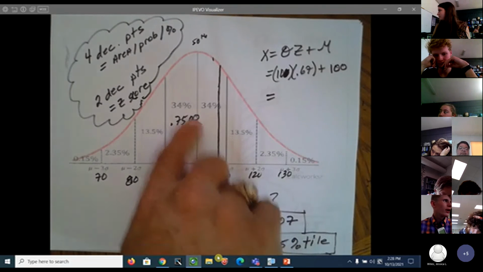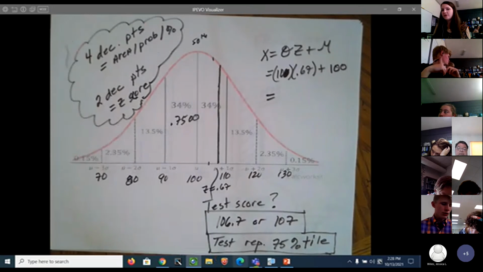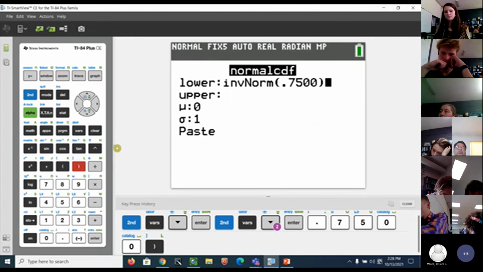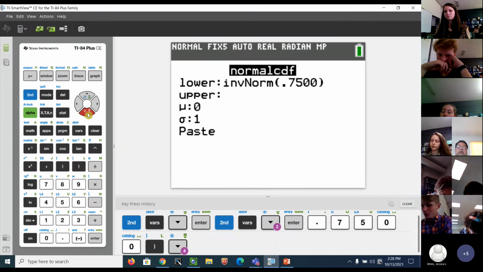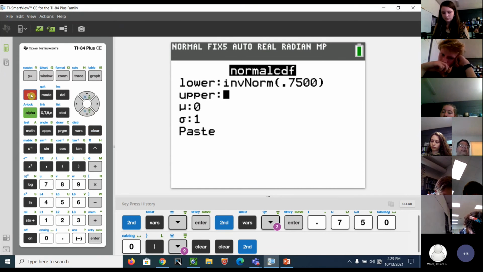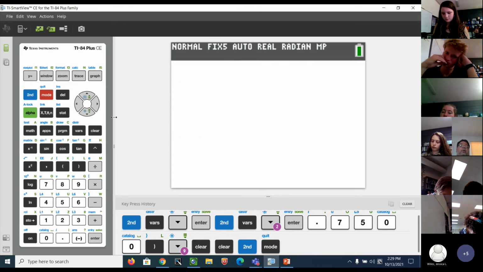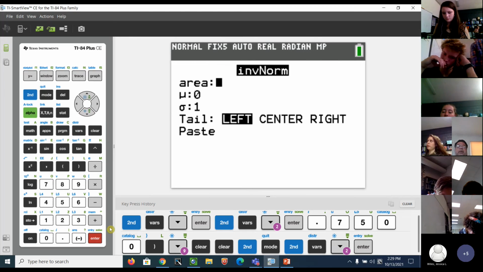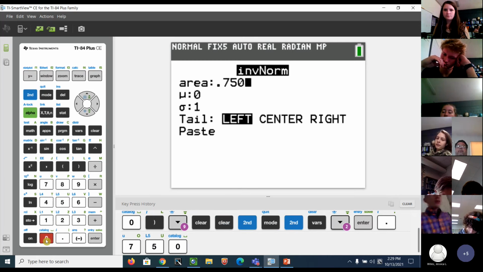0.7500, that's an area. So you type in 0.7500 and you just hit paste, and it tells you the z-score. Well, I hit the wrong button. Hold on. Let me get rid of this. Second vars inverse norm there, and type in 0.7500.